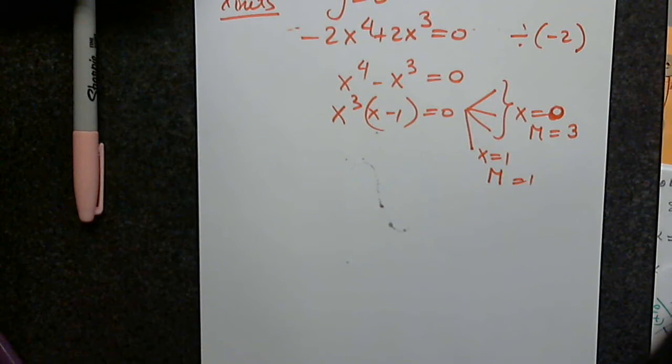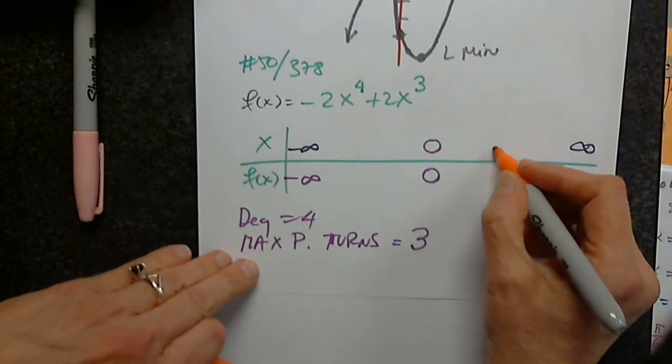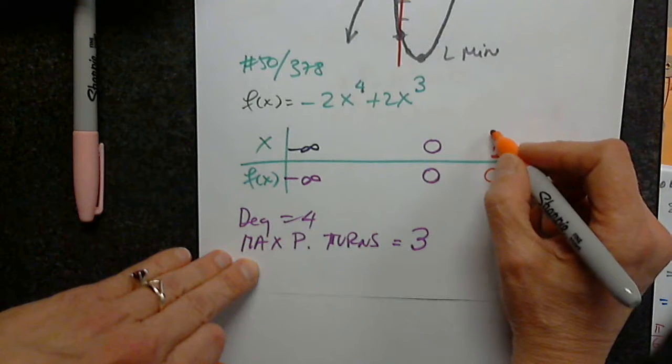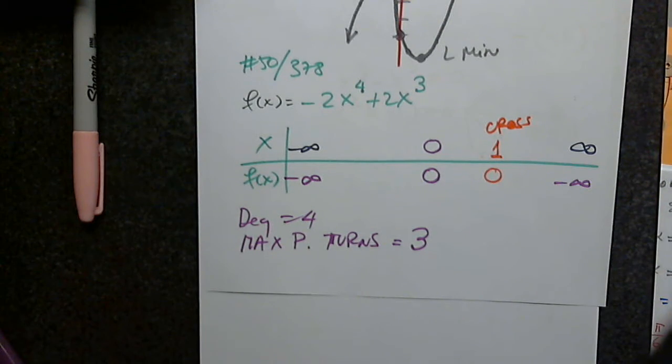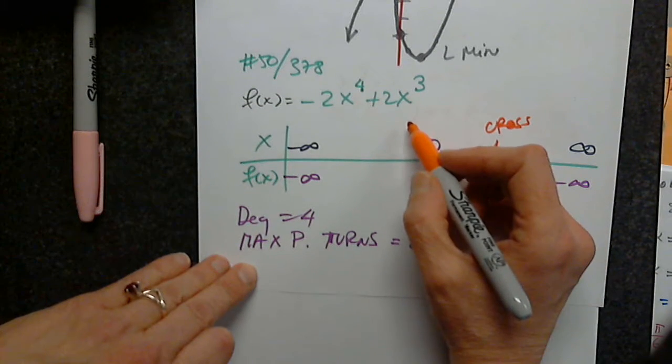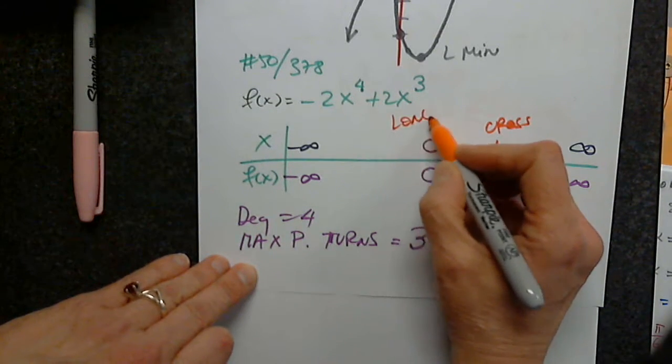It's an odd multiplicity. There are no turns if it's odd. Exactly. Take a long time to cross. Awesome. I'm coming back to my chart. At 1, 0, cross. What do I write again for 0, 0? Yes, long cross.